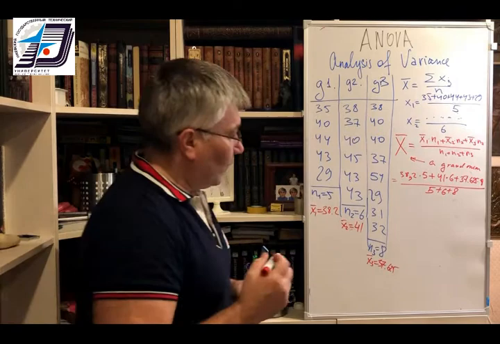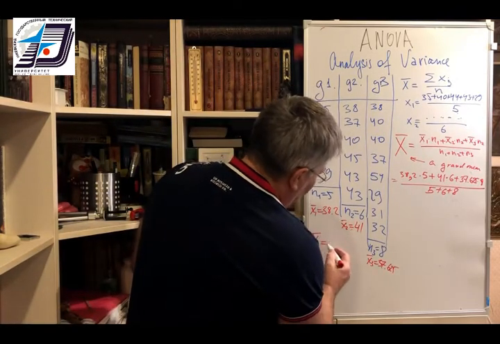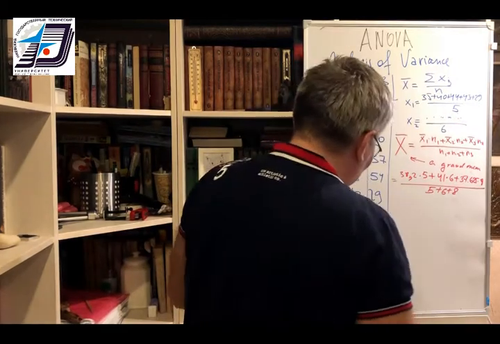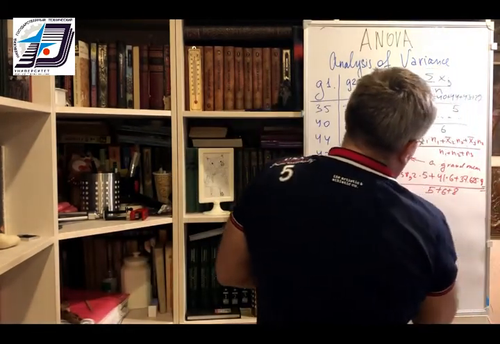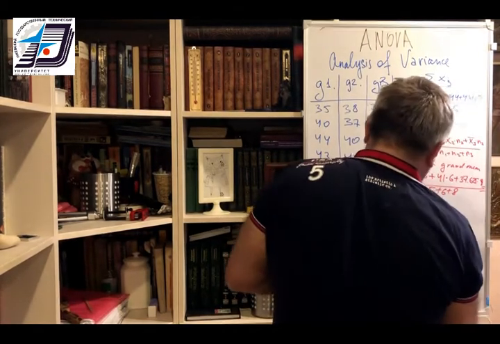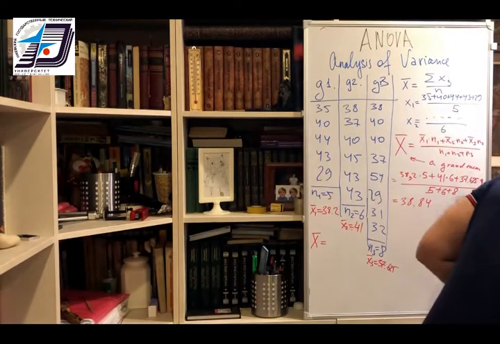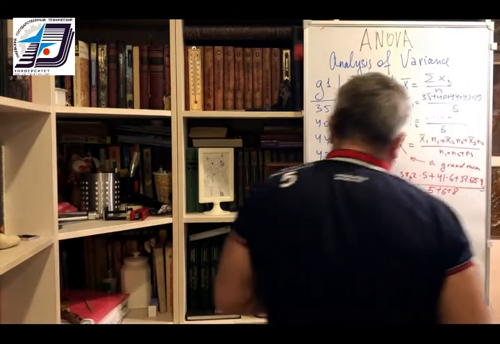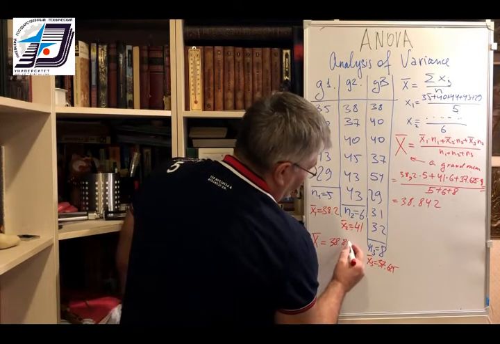What do we have here? X grand equals 38.842.